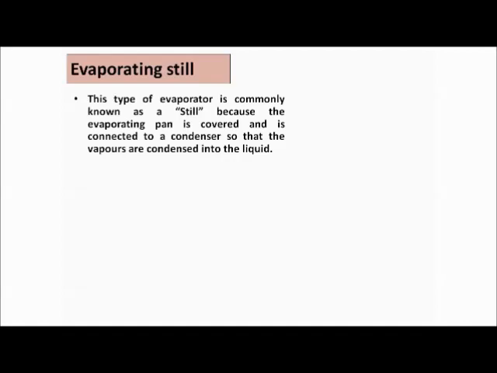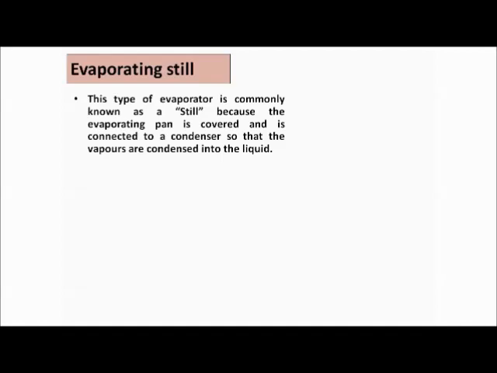The evaporating pan where the liquid will be heated is covered and it is connected to a condenser. You know that when the feed is put inside the evaporating pan, after heating, the fluid will get evaporated, right?